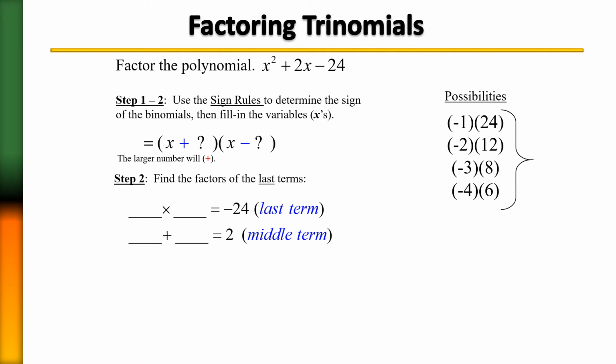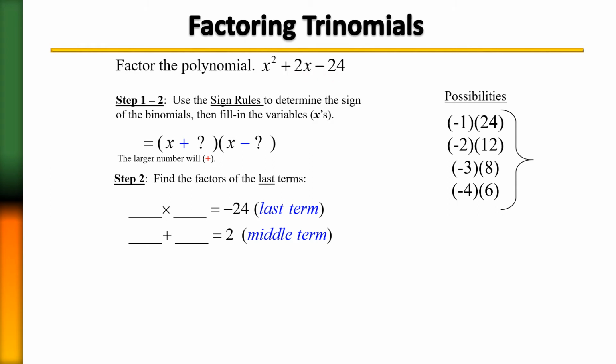Now I need to know which one of those four possibilities, there's only one, meets both criteria. When I multiply those two numbers, it gives me negative 28, the last term. If I were to add those same two numbers, it's going to give me a positive 2, the middle term.